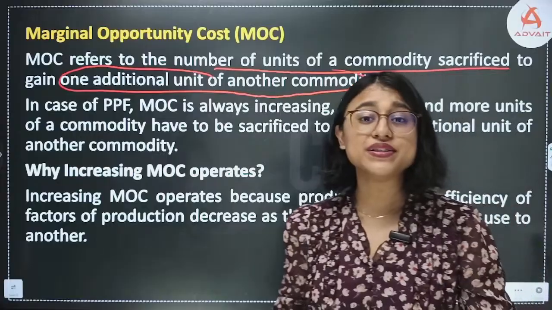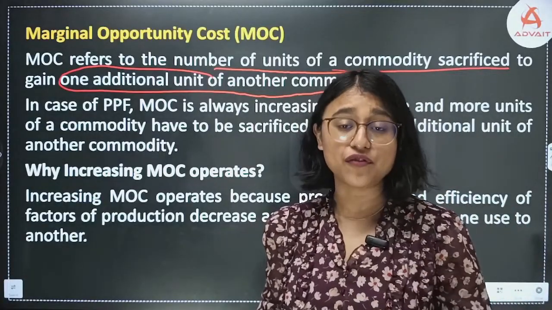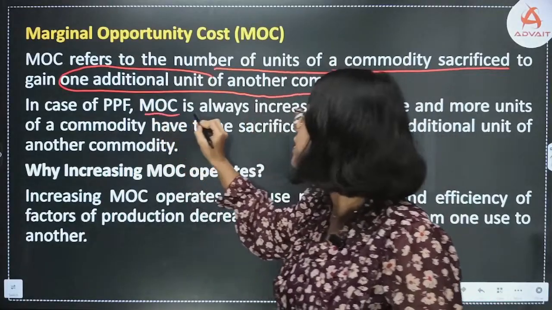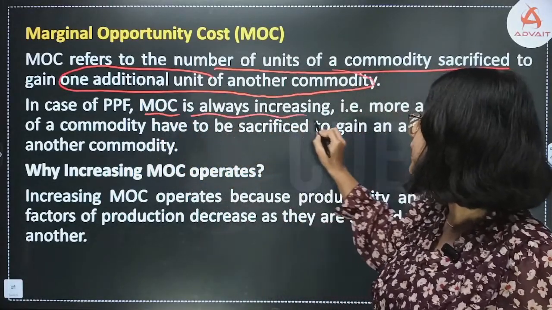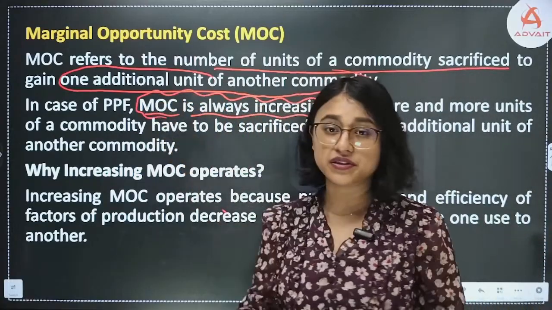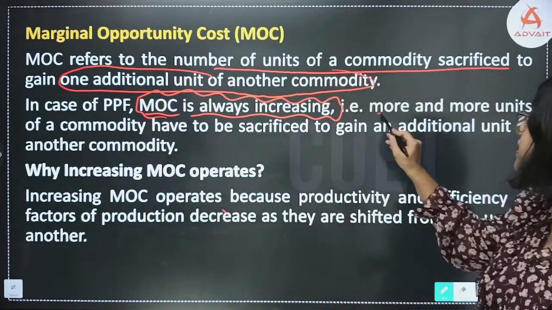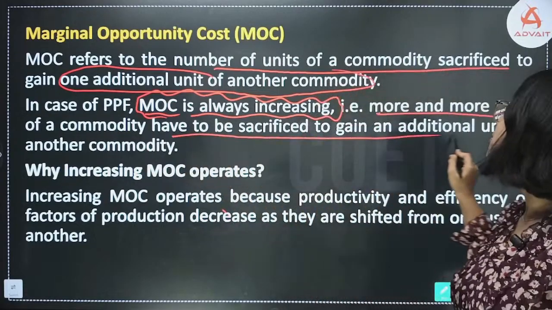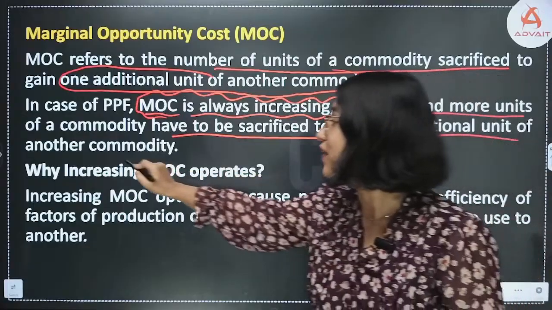Etia koise, in case of PPF or in case of PPC, MOC or marginal opportunity cost always increases. Marginal opportunity cost always increases. Kihor karne yate koise, the reason is more and more units of the commodity have to be sacrificed to gain an additional unit of another commodity.